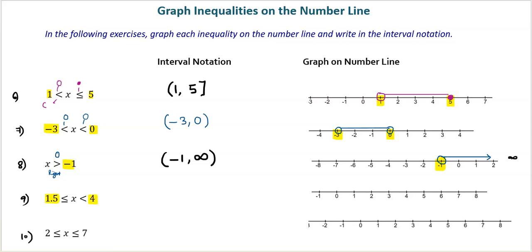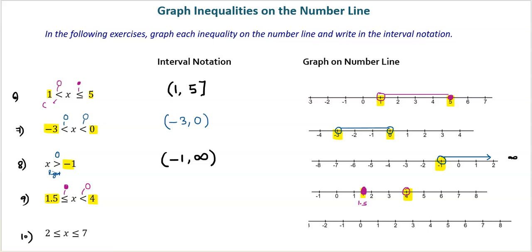1.5 and 4. So this is 4. 1.5 will be somewhere between 1 and 2, at the center. Now here, it's a filled circle and it's hollow because of inequality. So this is filled, this is hollow.